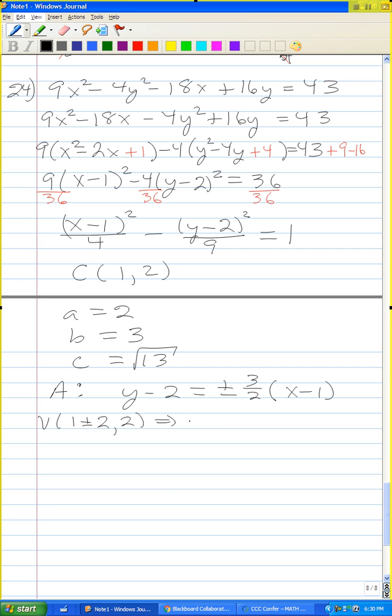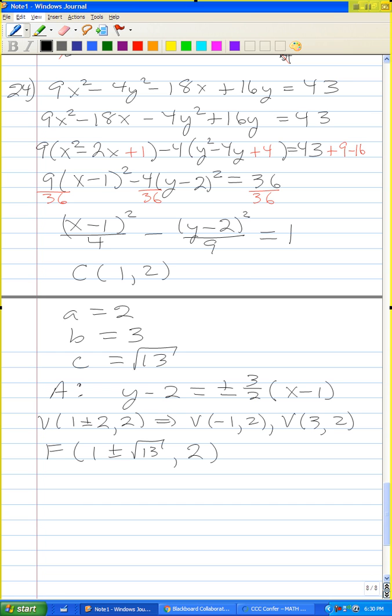And so this is going to be 1 minus 2, negative 1, 2, and 1 plus 2, 3, 2. The foci are located at 1 plus or minus rad 13, 2. Okay. Those are your foci.